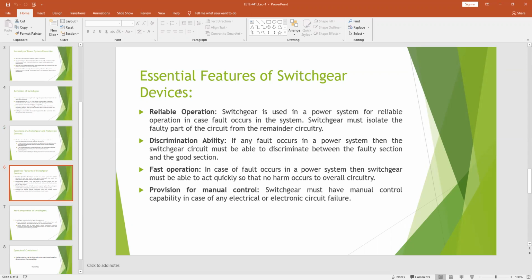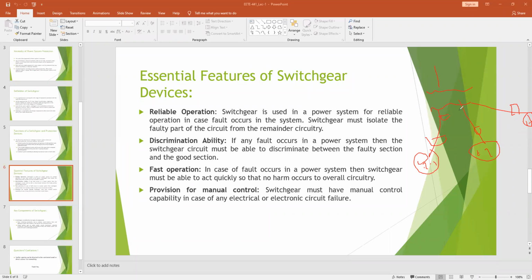Then discrimination ability. Discrimination ability of switchgear devices is very simple. Let me show you something. For example, there are three zones: zone 1, zone 2, zone 3. All these zones have switchgear devices.